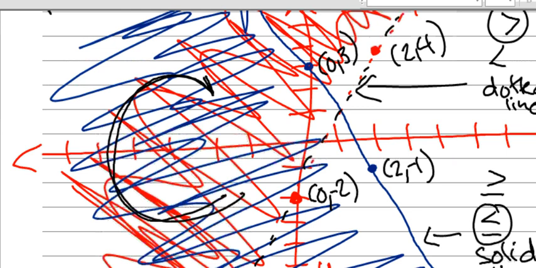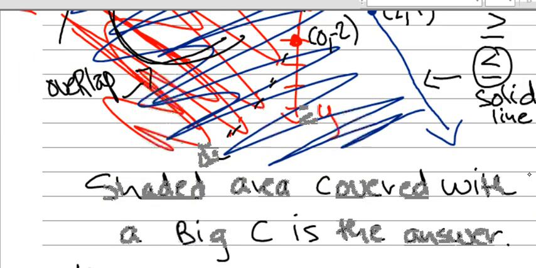So you need to show your two lines, one dotted, one solid, both shadings, and then where they overlap, and then put a big fat letter over the place where they overlap. Okay.